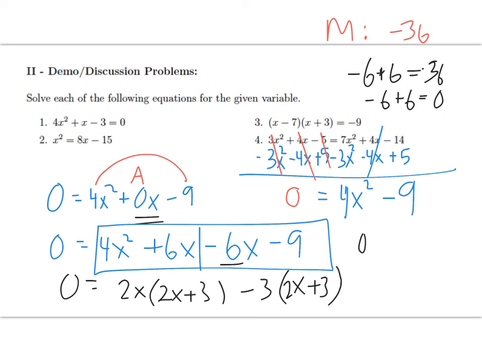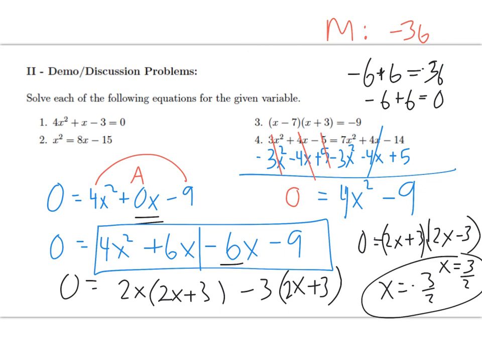And so this factors into 2x plus 3 and 2x minus 3. Set each factor equal to 0. Do the work out. I'm running out of space. You'll get x equals negative 3 halves and x equals positive 3 halves.